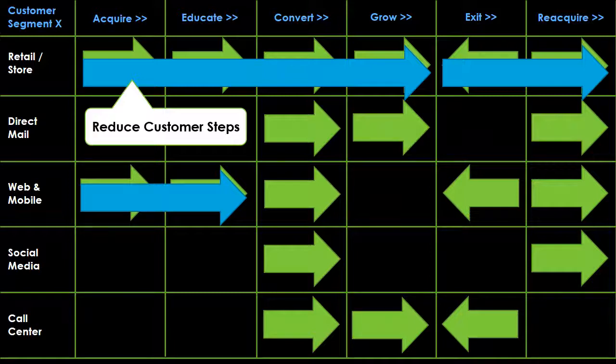If you think of it as a value stream within Lean, or simply as a set of steps in a customer journey, can you make that three steps? Can you make that two steps? Can that experience be a better experience? That's what reducing customer steps means, and again, that benefits both sides.